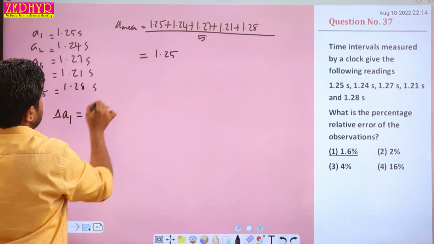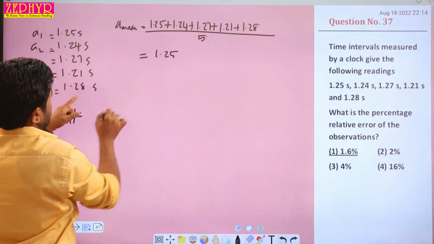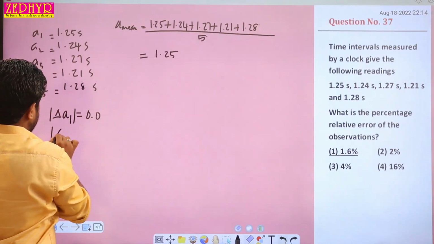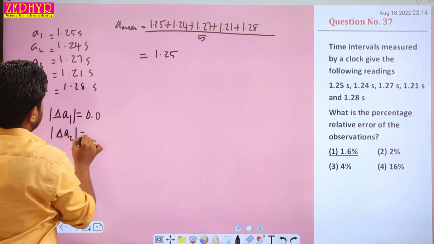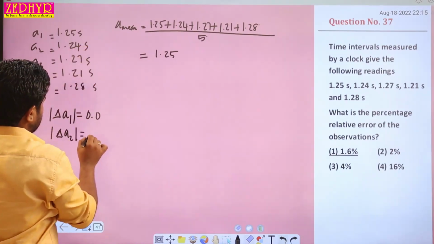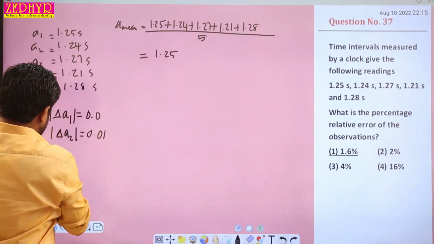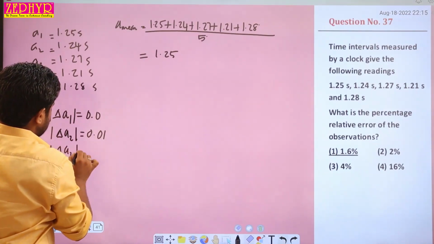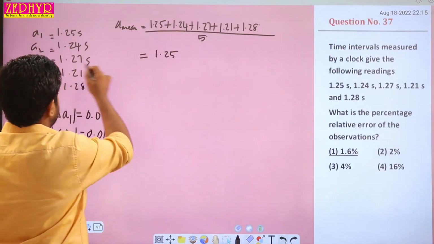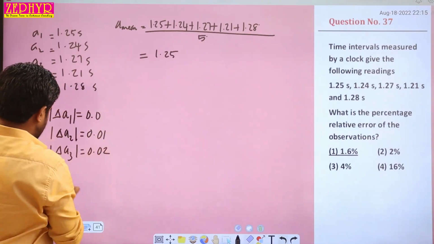In the first one, the absolute error in individual measurement is 0.00. Then delta A2 is equal to 1.25 minus 1.24, that is 0.01. Then delta A3 is 1.27 minus 1.25, that is 0.02.